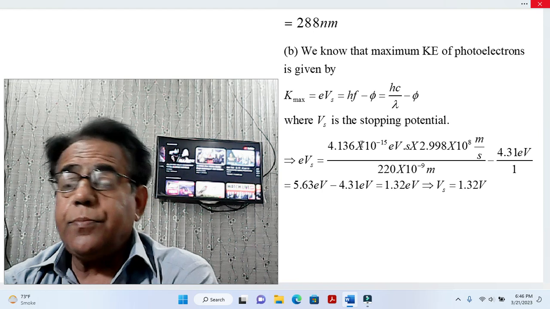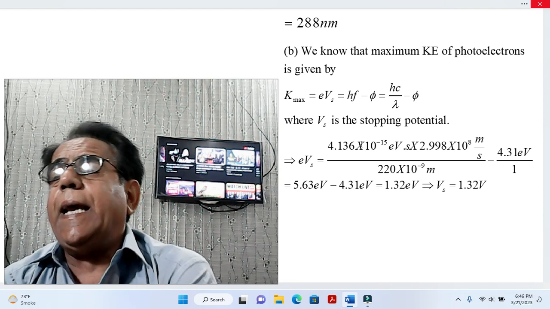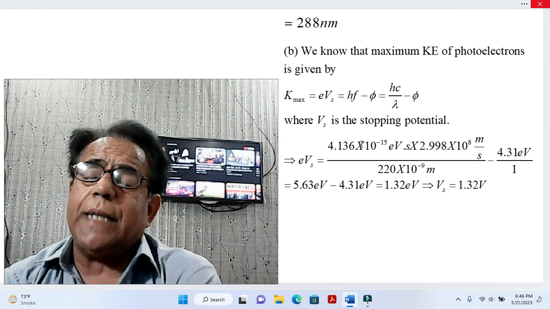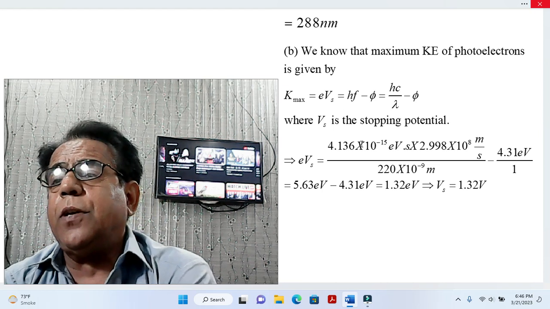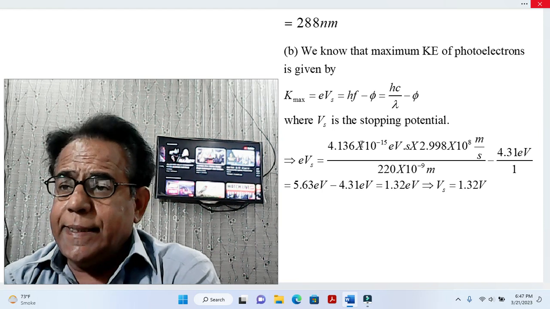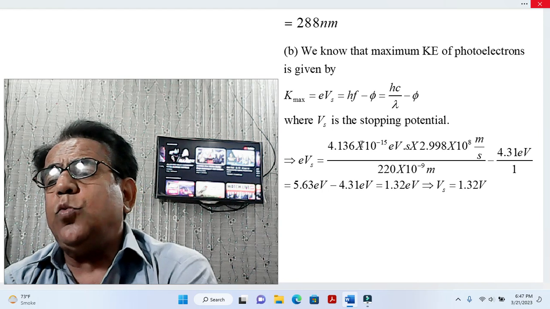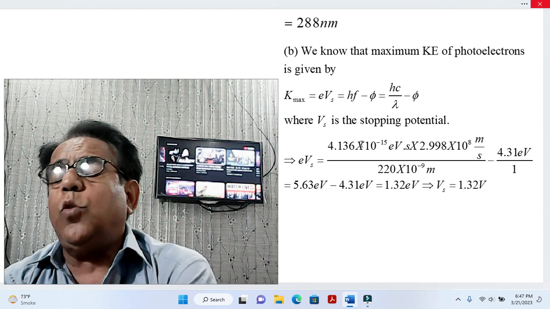Okay, here dear students, we know that frequency and wavelength lambda are reciprocal of each other along with the involvement of speed of light c. That is, f is equal to c over lambda, and lambda is equal to c over f.